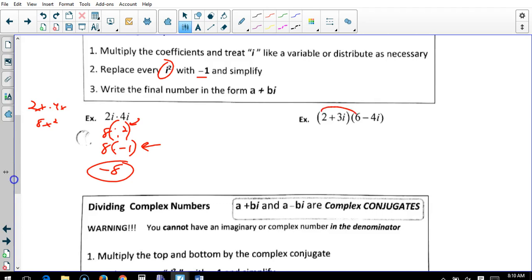Now we're going to FOIL. First, outer, inner, last, like we've always done. 2 times 6 is 12. Plus outer, negative 4i. Inner, plus 18i. Last, plus times negative is negative 12i squared.